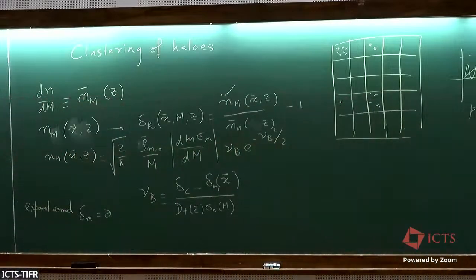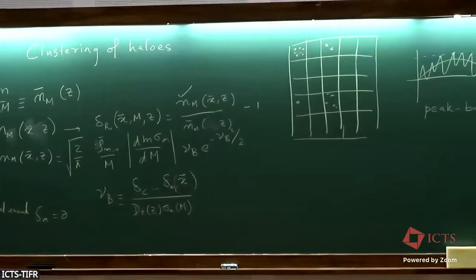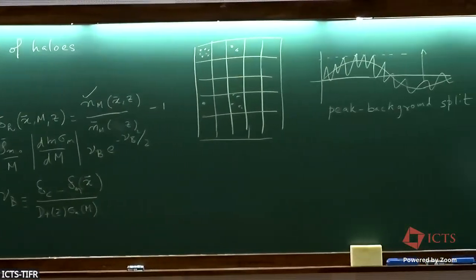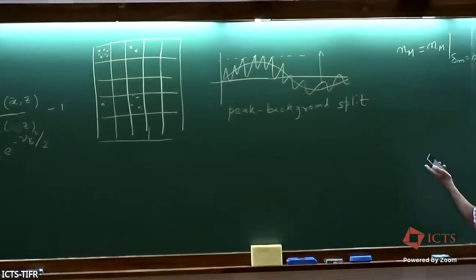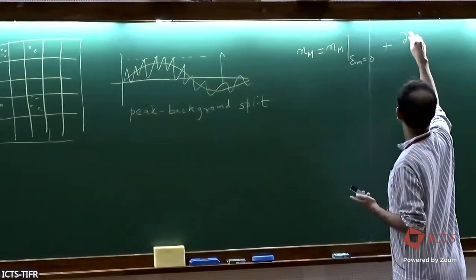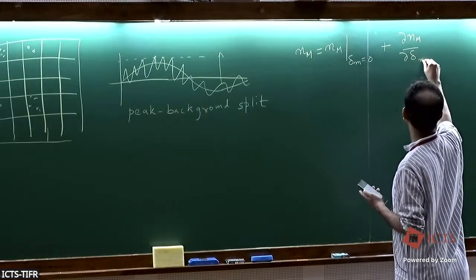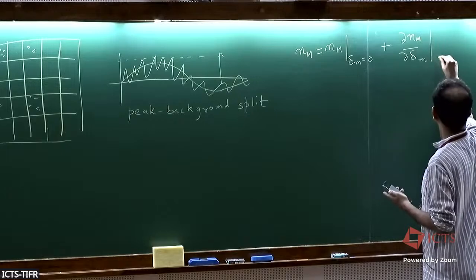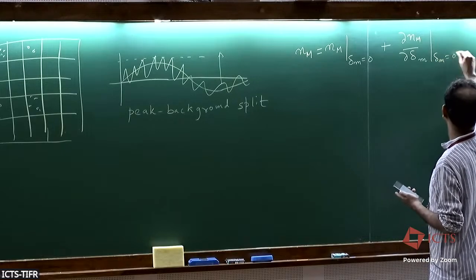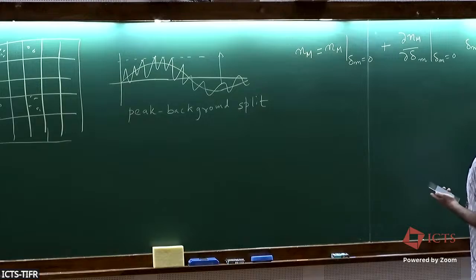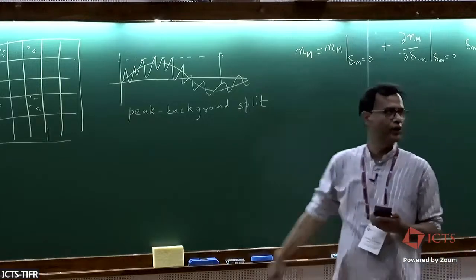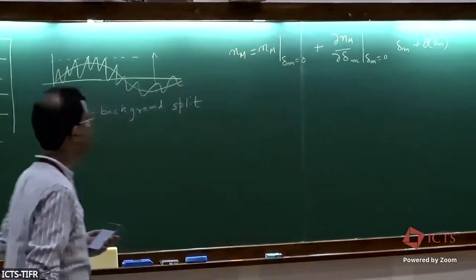Then Nm, I will write as Nm evaluated at delta m equal to 0 plus the del Nm del delta m evaluated at delta m equal to 0 times delta m plus order delta m square. For the moment, we will ignore the higher order terms. Let us see what happens at the lowest order.